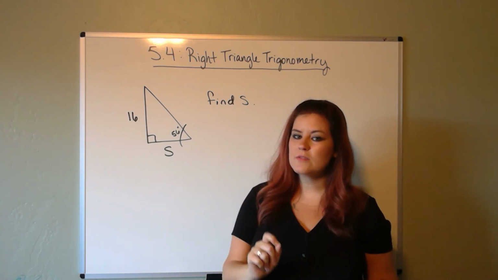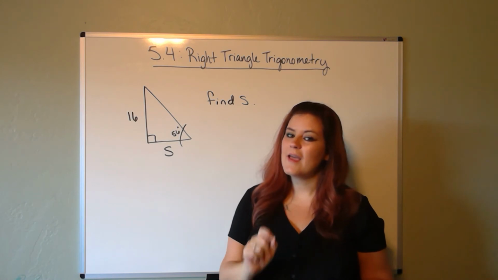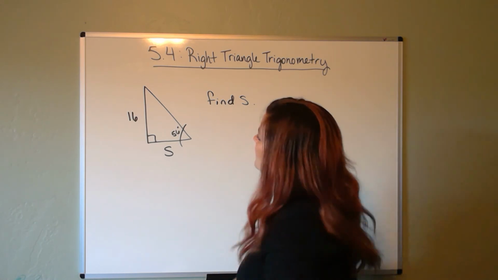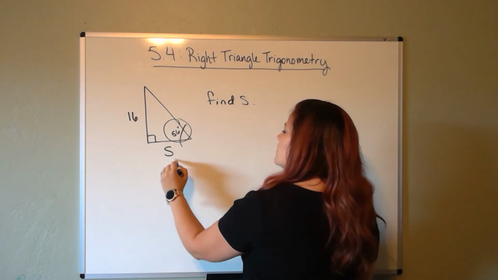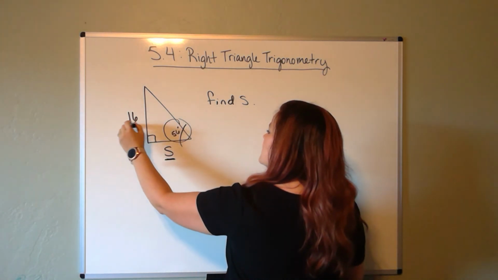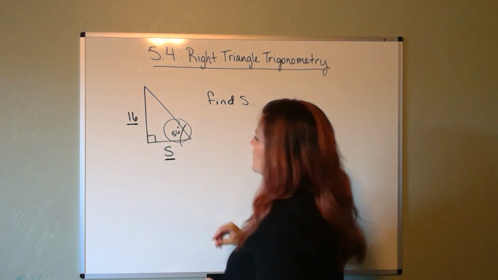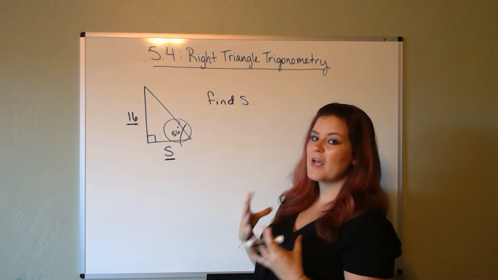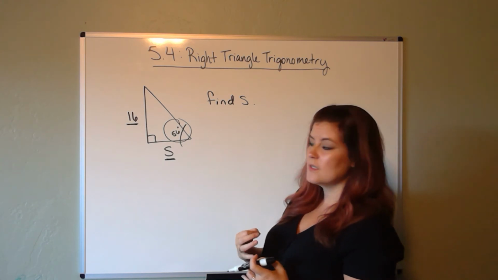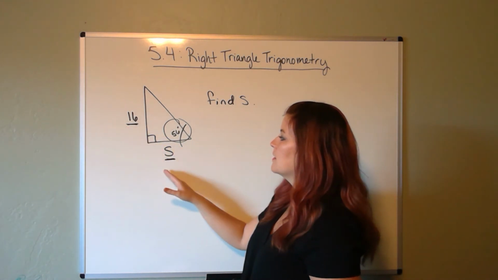But now that I know some trig ratios, I think I have a fighting chance. So let's think about it. Think about the angle you have and the two sides that are labeled. Even though I don't know this one, what relationship could I use that I just learned that could help me here?